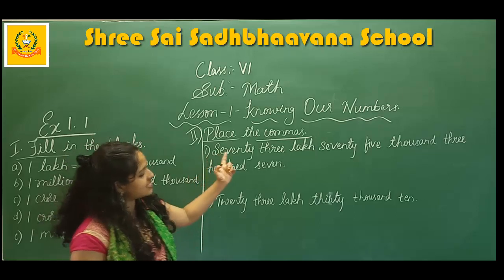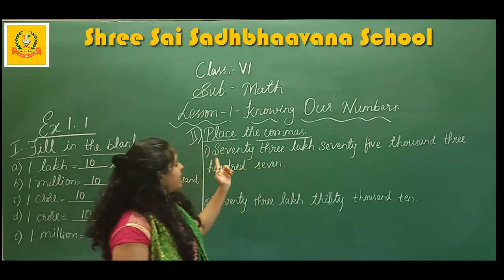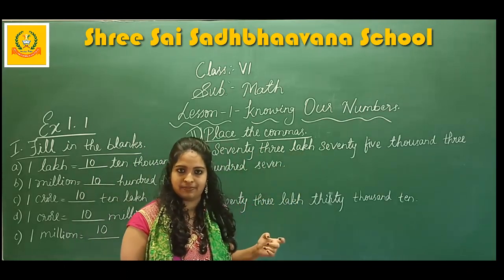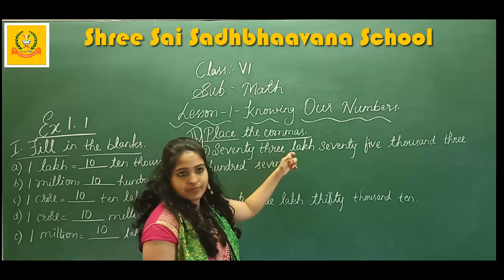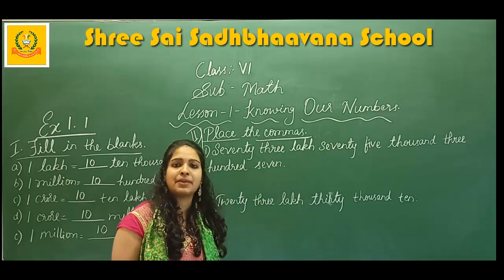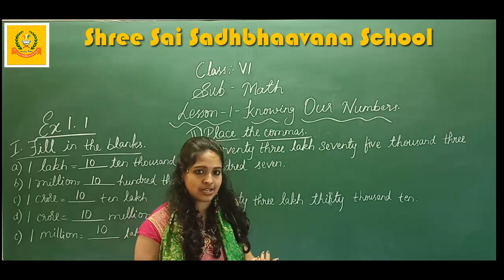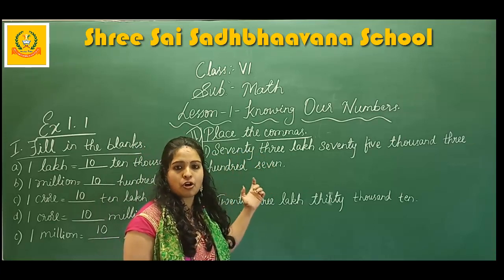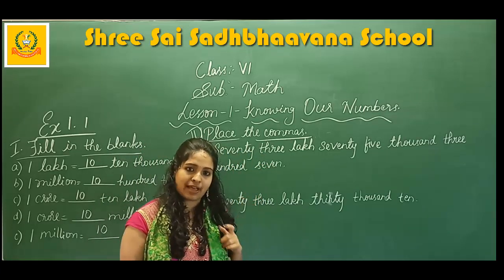See here which system it follows. Here it is 73 lakh. Lakh means it is the Indian system. If millions are there, it means it is the international system. So now we have to draw one rough figure of the place value chart.